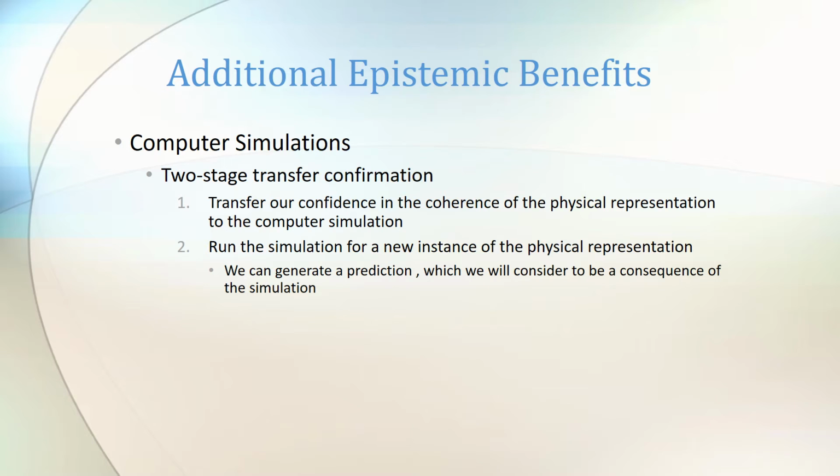Stage 2: we can run the simulation for a new instance of the physical representation. This can generate a prediction. And if this is the case, we can say that we can transfer the conclusion of the simulation to that of the physical system.